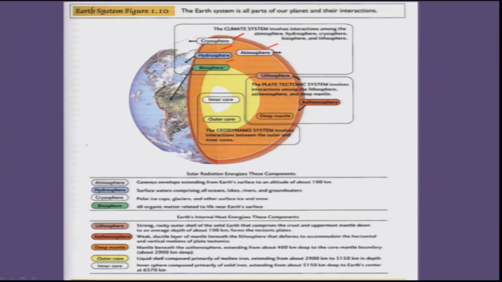So we have the climate system, which exists over the surface, the external process, and this is an internal process, the plate tectonics, which involves the interaction amongst the lithosphere and asthenosphere. I will talk about the details when we discuss the interior of the earth: what the asthenosphere is, what the deep mantle and the core are. But in short, all of these are linked, what we call an interlinked system.